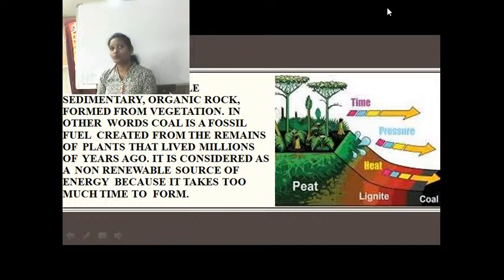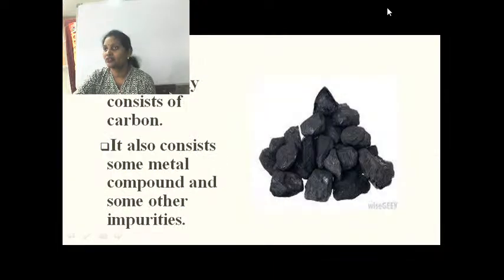Now you might have understood how time passes, and due to the pressure and heat inside the earth, the coal gets converted into the pure form, that is lignite. Okay, is it clear? So this is why it is considered a non-renewable source of energy, because it takes too much time. And what is the time taken? That is already given here: 300 million years.